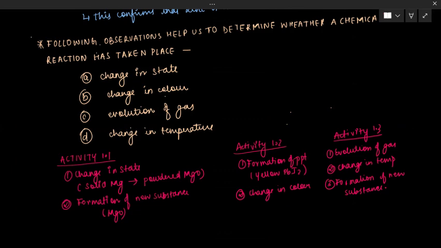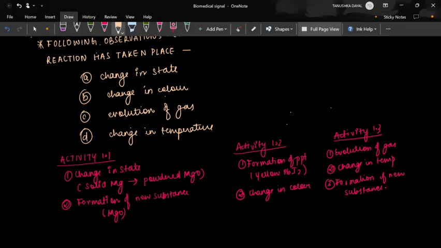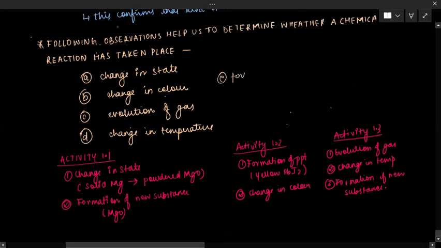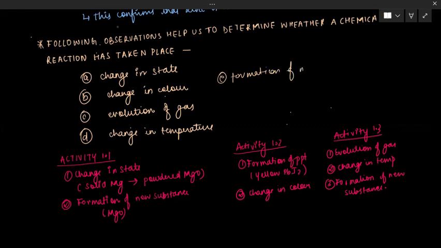So in activity 1.1, we have seen two changes, that is, solid Mg was converted into powdered MgO, and there was again a formation of a new substance, MgO.